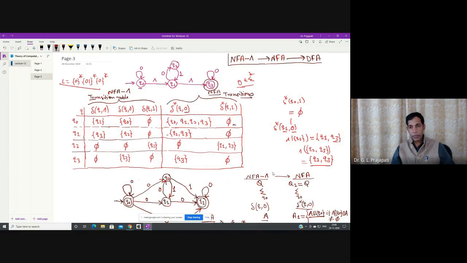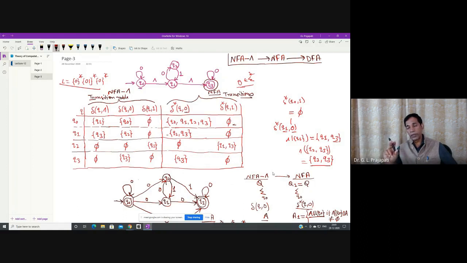This means for every NFA null, we have an equivalent DFA. Equivalent means the machine is accepting the same language as the NFA null. Whenever you have an NFA null accepting some language, you will have some DFA that is also accepting the same language.